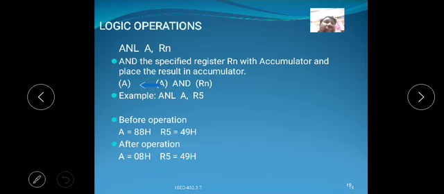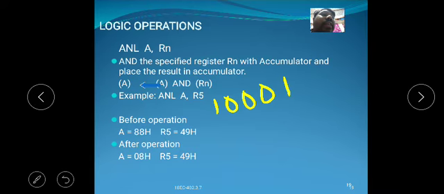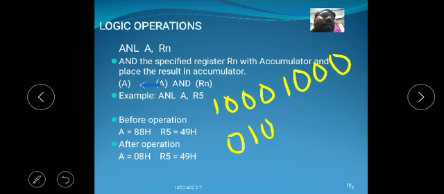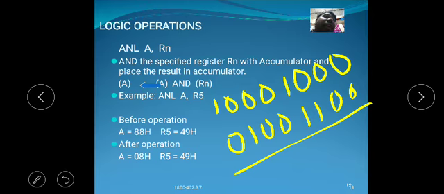Here 88 means 1 0 0 0 1 0 0 0. In the AND operation, if any one of the bits is 0, the resultant will be 0. 49 is 0 1 0 0 1 0 0 1.